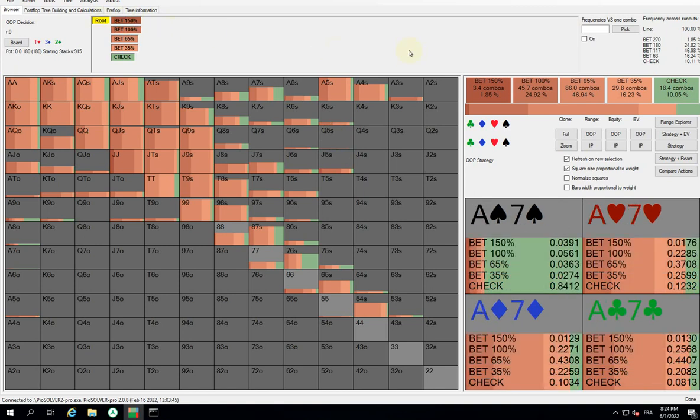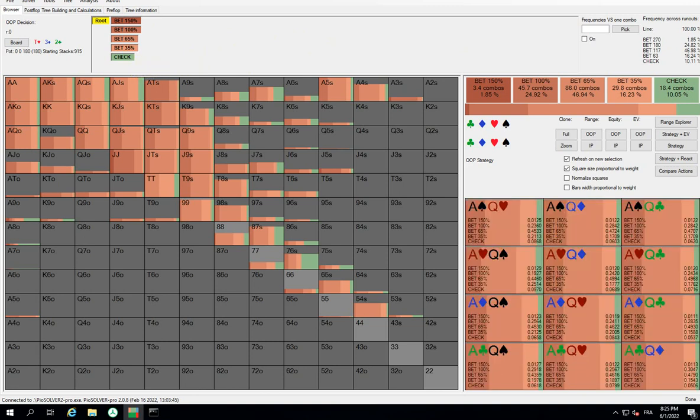Renting a server depends on the server, but it can be $80 or $100 per month, even more if you want more power. This is a software mainly used by poker professional players. So yeah, I've run this spot.